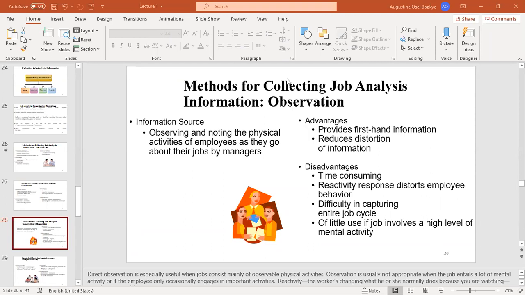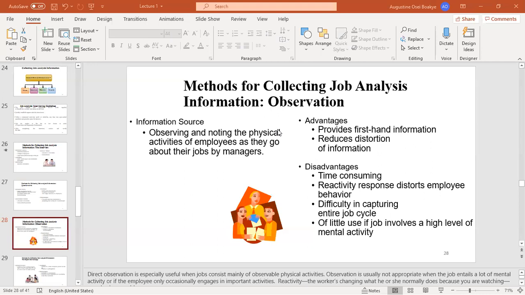Now, the challenge of using the observation technique is that sometimes when employees see you as an intruder or an alien, or basically an authority who they are not very much familiar with, they are not likely to demonstrate their true tendencies or behavior.